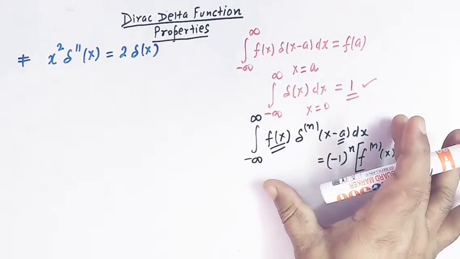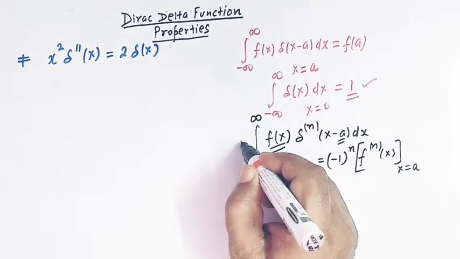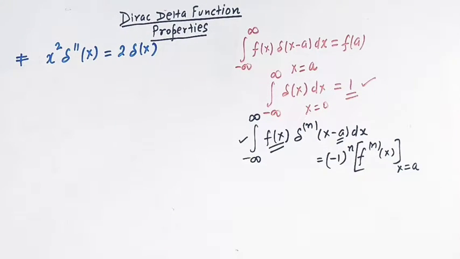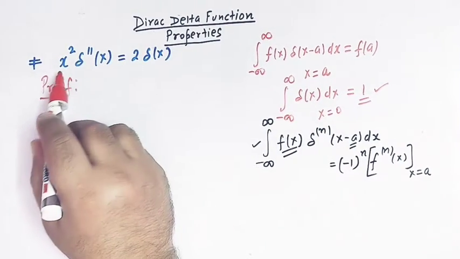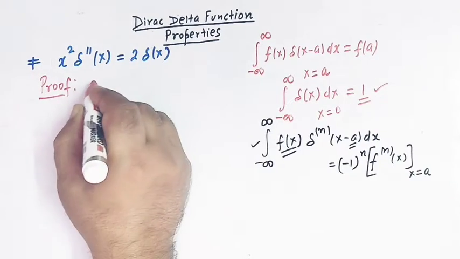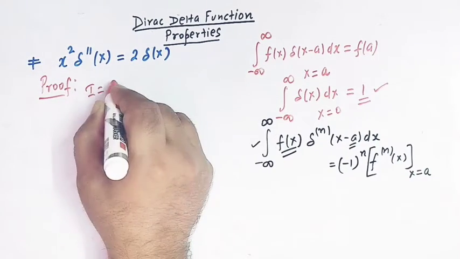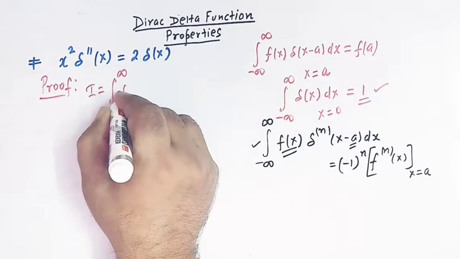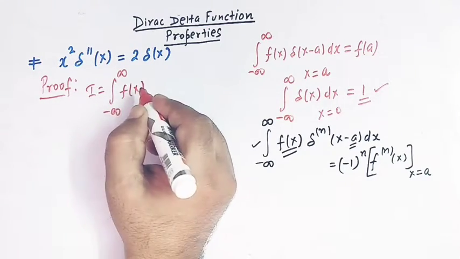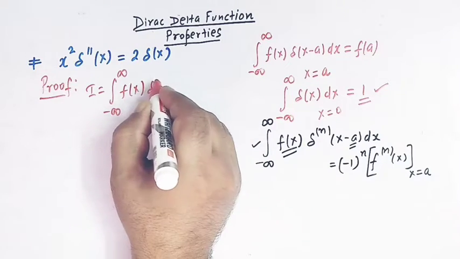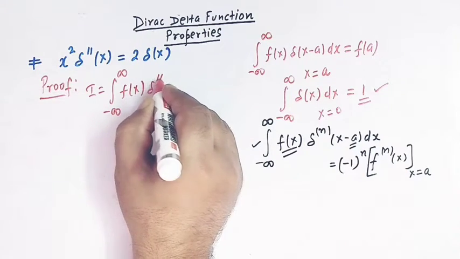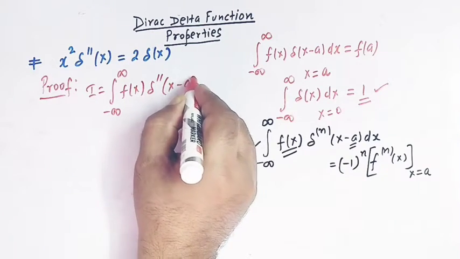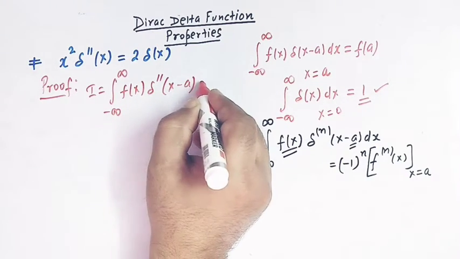We'll make use of this property to prove this one. So now we'll start with the integral I is equal to the integral from minus infinity to infinity of some function f of x times the second derivative of the Dirac delta function at some point x is equal to a.